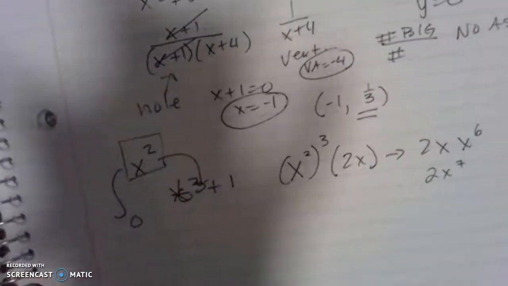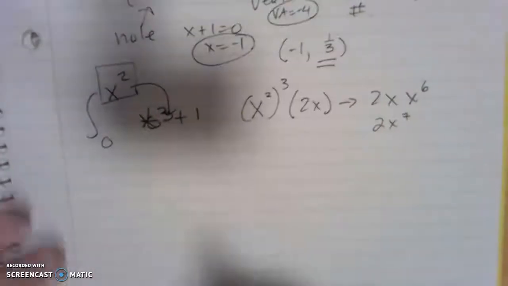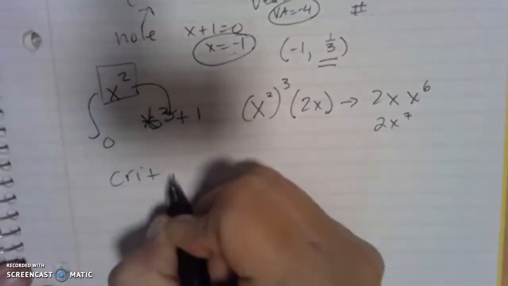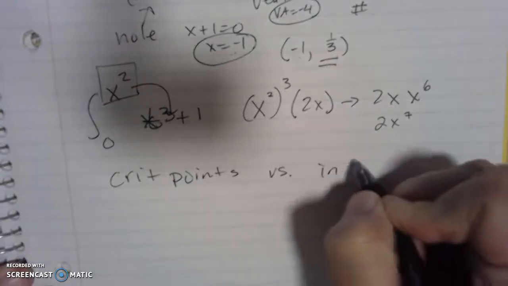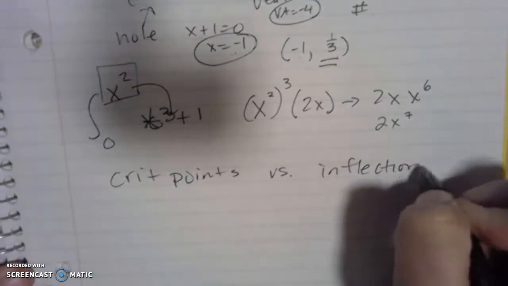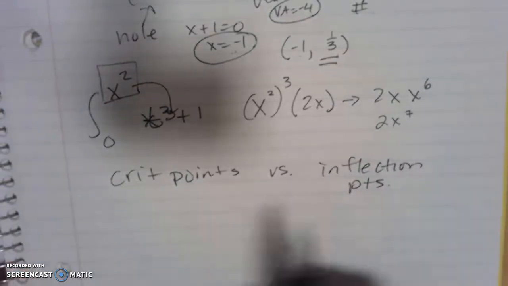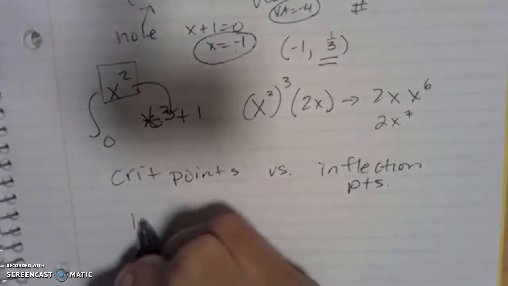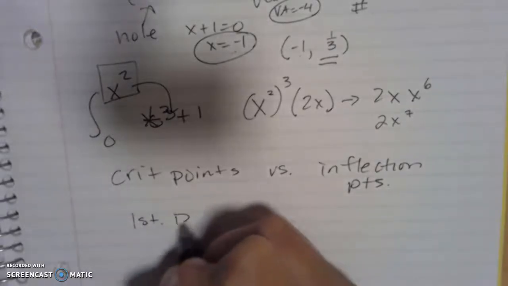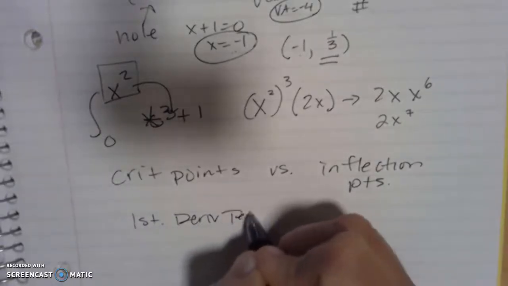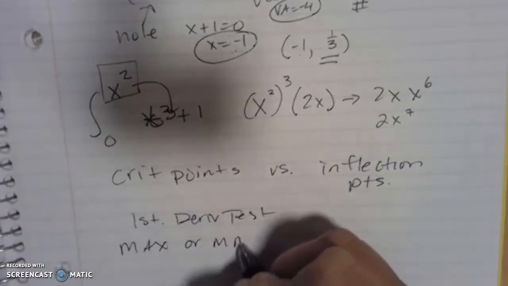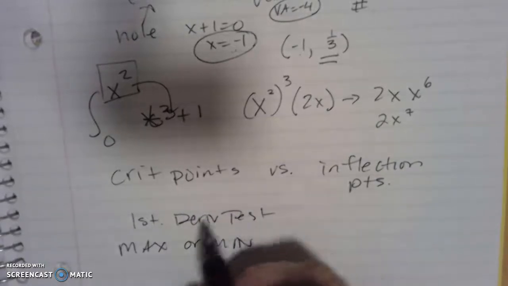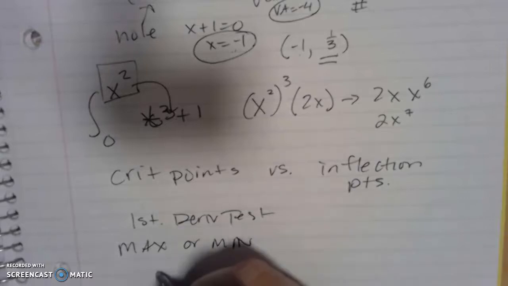What is the difference between the critical points and the inflection points? Critical points versus inflection points. The critical points come from the first derivative test, and they tell you the max or the min, and that occurs when you set the derivative equal to 0.